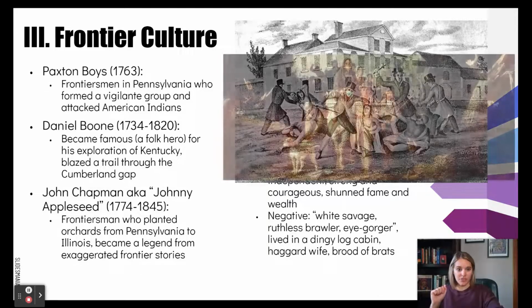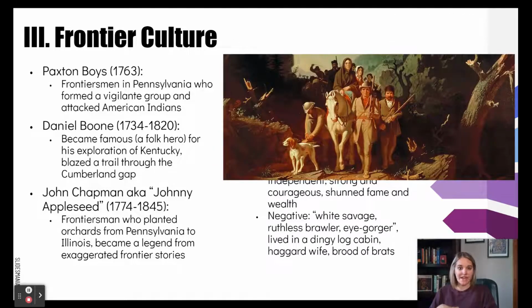All right, another example of frontier culture is going to be looking at the life of Daniel Boone. Daniel Boone ends up becoming like a folk hero. He explores Kentucky. He's known for blazing a trail through the Cumberland Gap, which really allowed for more migration to the West to happen. And so there's lots of stories about his influence in the frontier culture.